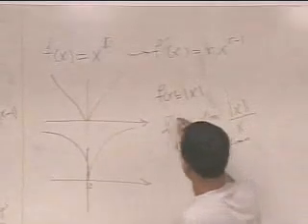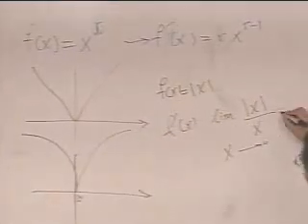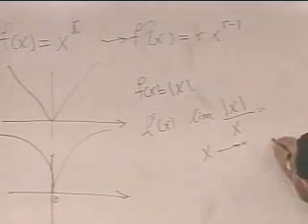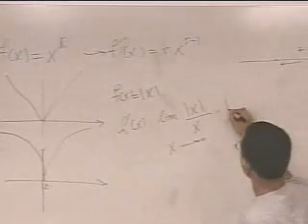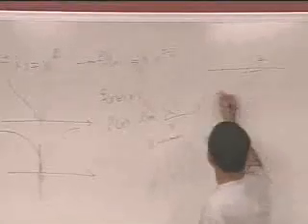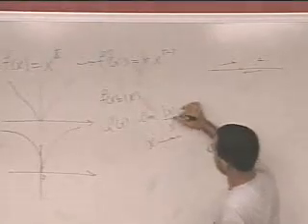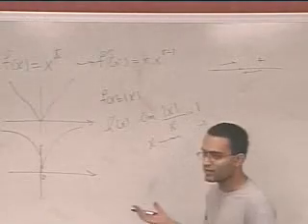This would turn out to be f prime of x. But then this doesn't have one value. If you are getting near to 0 from the positive side, this is equal to 1. But if you're getting to 0 from the negative side, this would be minus 1. So the limit doesn't exist.